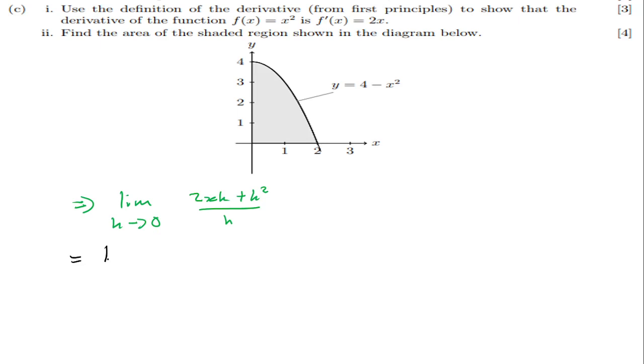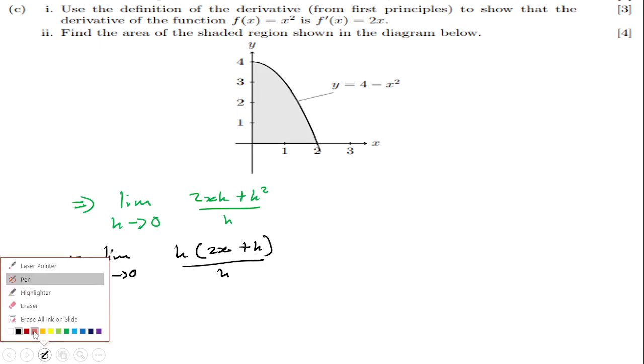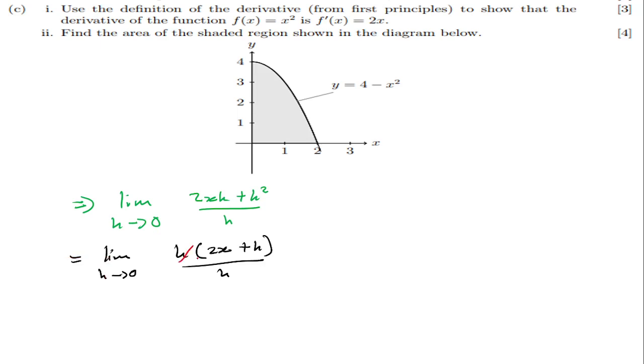So you're going to say the limit as h approaches 0. When h is outside, you're going to have (2x + ch) over h. And then what you know is that this h and that h will cancel. So what you have now is the limit as h approaches 0 of 2x + ch.